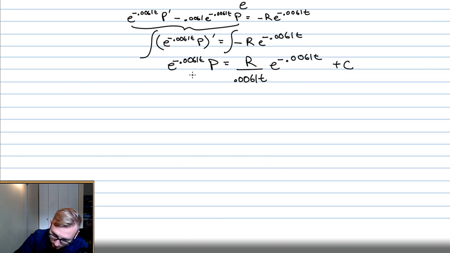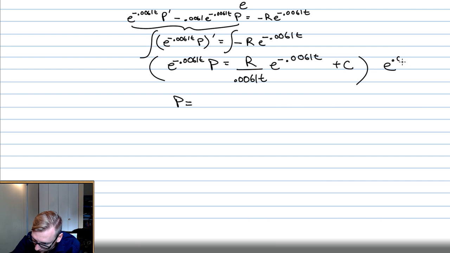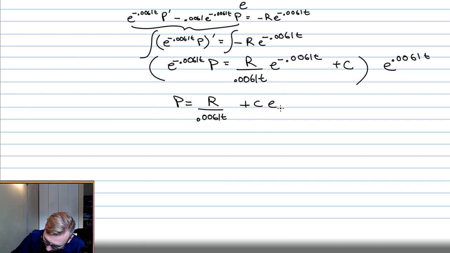Now we will multiply by the positive of this exponent over here, because they'll cancel out. So multiply the whole thing by e to the 0.0061 t. And p equals, well, this will cancel out, so we're left with r over 0.0061 plus some constant times e to the 0.0061 t.